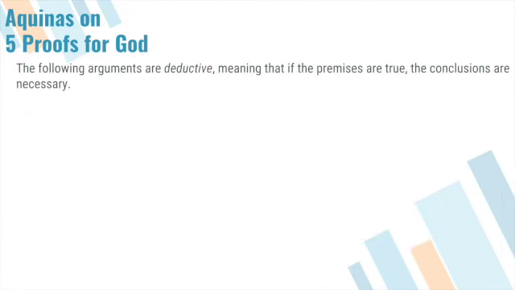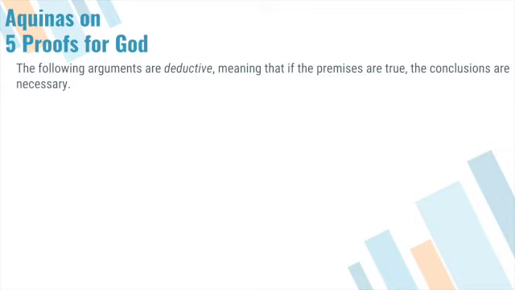The following arguments are deductive, meaning that if the premises are true, the conclusions are necessary. All right. If you want to know the difference between deductive and inductive reasoning, go look at my critical thinking videos. Inductive reasoning is basically the observation of patterns, and it may be wrong because it does not really proceed in a mechanical, logical kind of way, right?